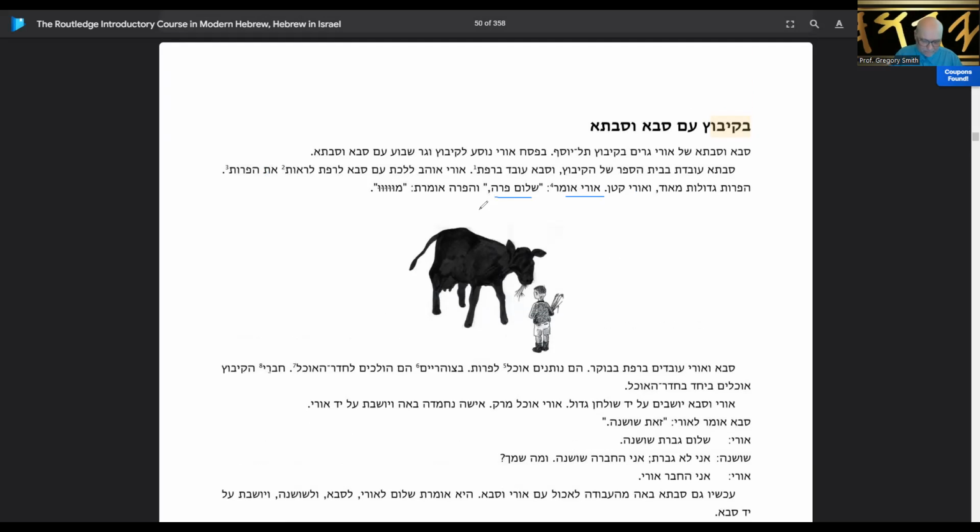I think it's parah. Yeah, parah. The hafarah omeret, and the cow says moo. Look at that, that's just a sound being written out in Hebrew letters.